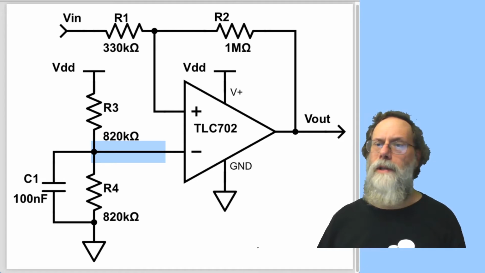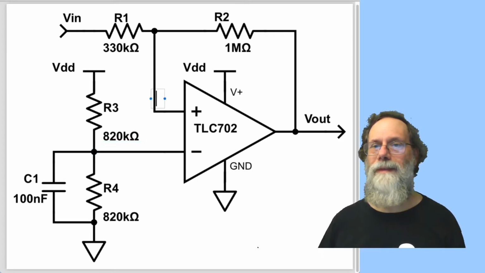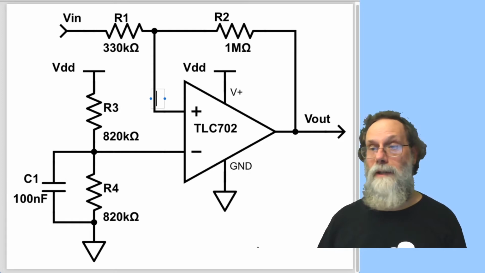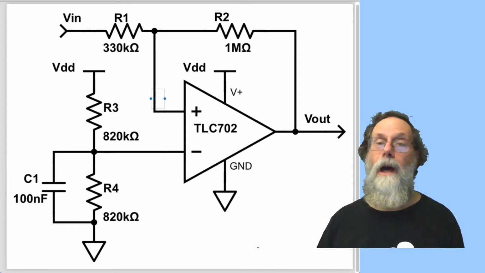Well, what does that mean? If the other input up here is greater than VDD over 2, well, we're going to have the huge gain of the comparator, and the output is going to be positive, high voltage, VDD, because we're using a rail-to-rail comparator here.